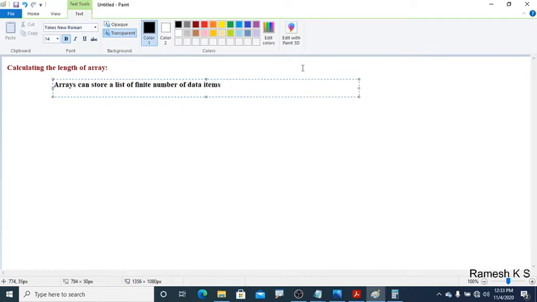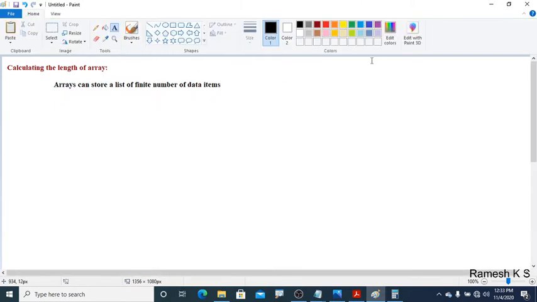So that means an array can store, let us take one example here. In the previous class we discussed it, right? This is what an array is.